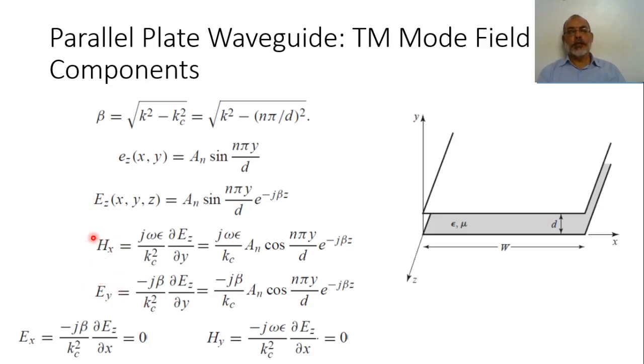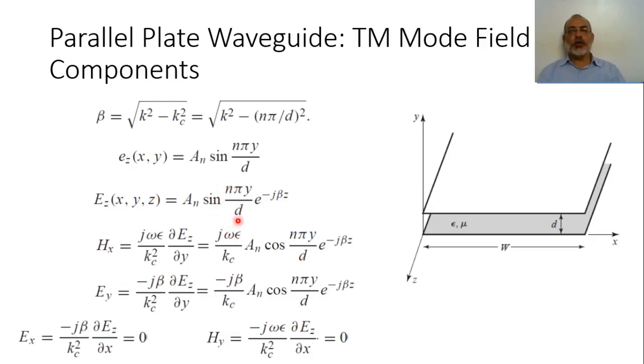Hx in terms of Ez would be j omega epsilon over kc squared, times partial Ez by partial y. By differentiating with respect to y, the sine becomes cosine(nπy/d), and we have a coefficient nπ/d which corresponds to kc.